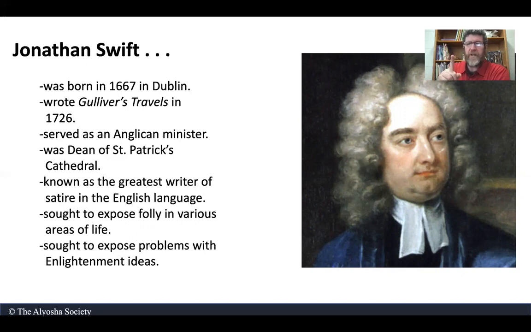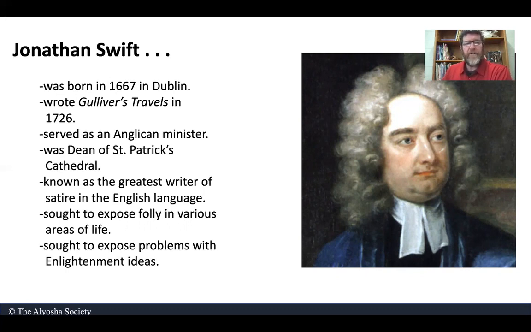Remember, King Charles I was beheaded in 1649. So he would have been born roughly 20 years after the English Civil War. Does that mean that when he was growing up, he would have heard a lot of stories about it? You better believe it. That would have been something that would have been very much a part of his upbringing and education.